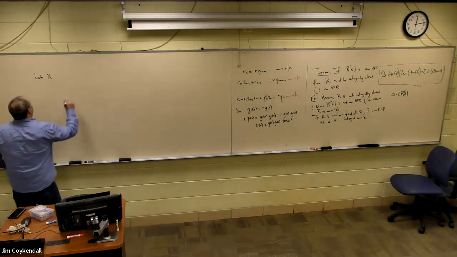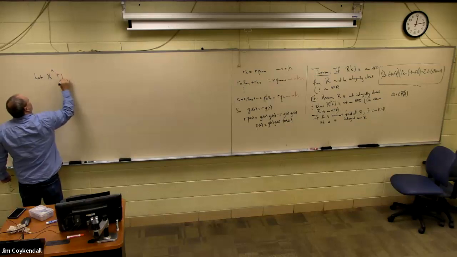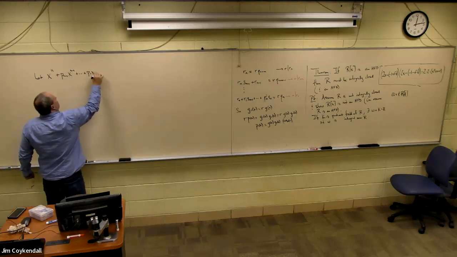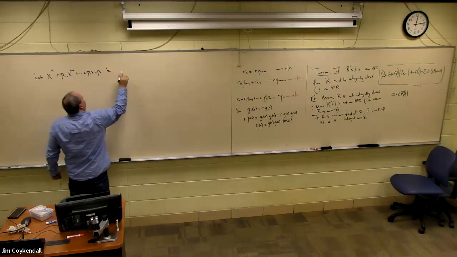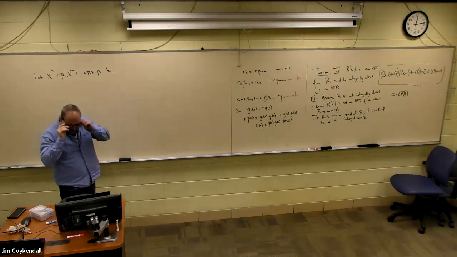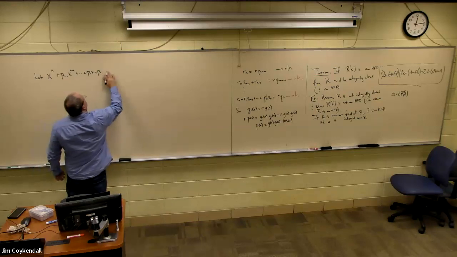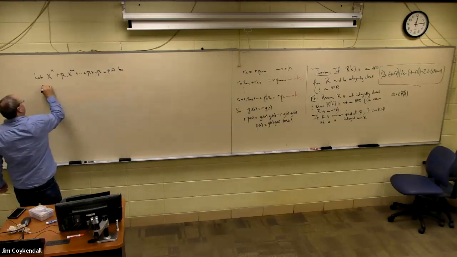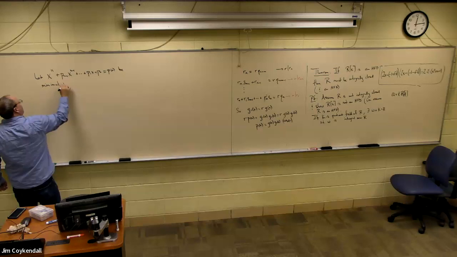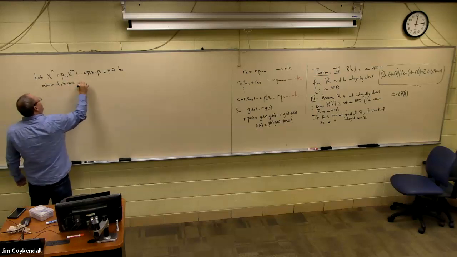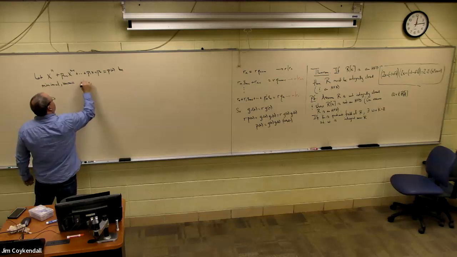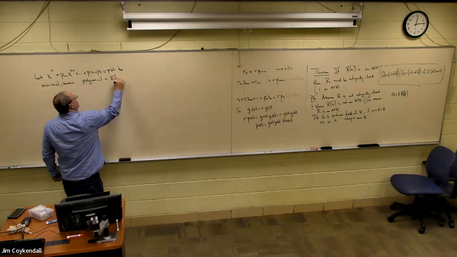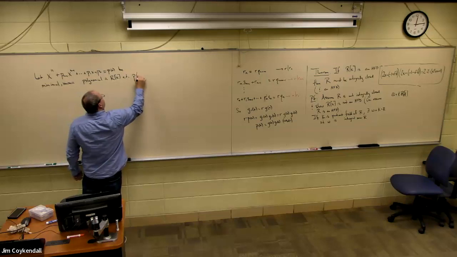Let's call this P of X, the minimal monic polynomial in R[x] such that P of omega equals zero.